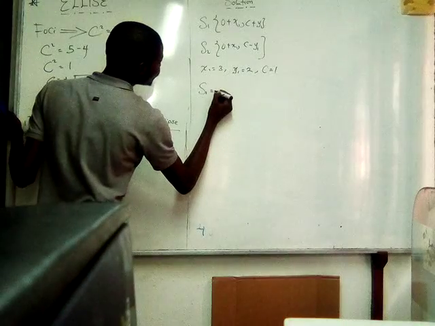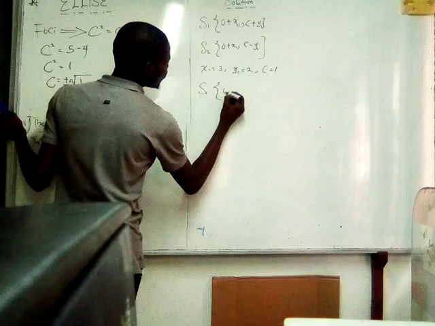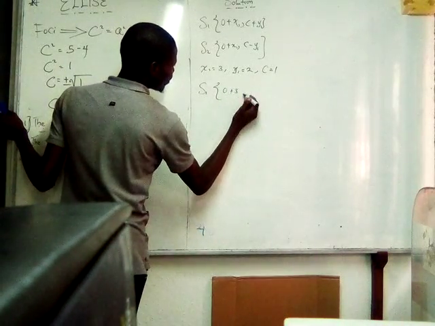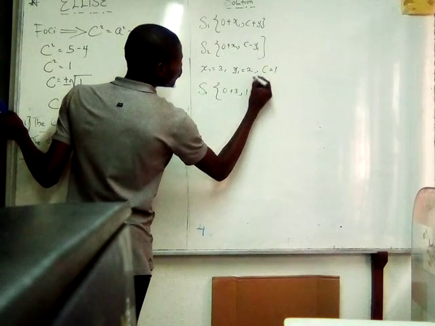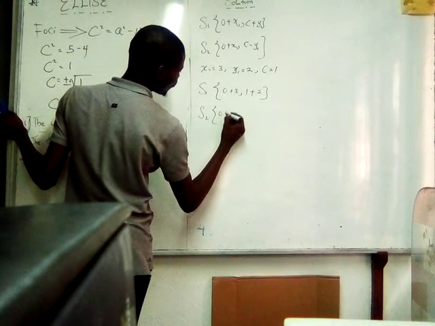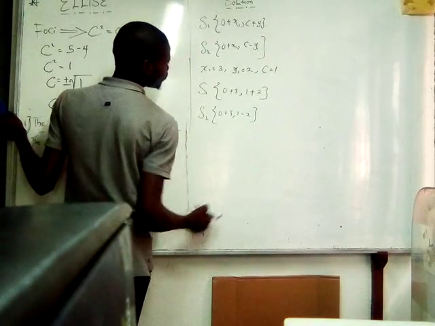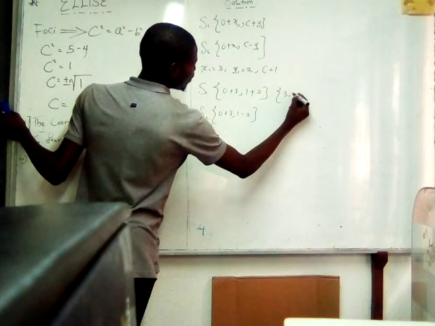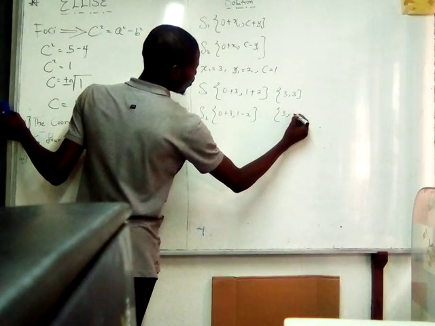Our F1 is going to be (0 plus 3, 1 plus 2), then F2 is (0 plus 3, minus 1 plus 2). So we are going to have (3, 3), then (3, minus 1).